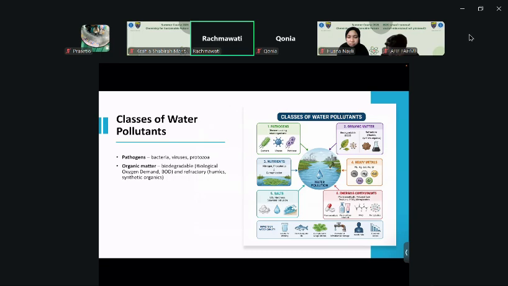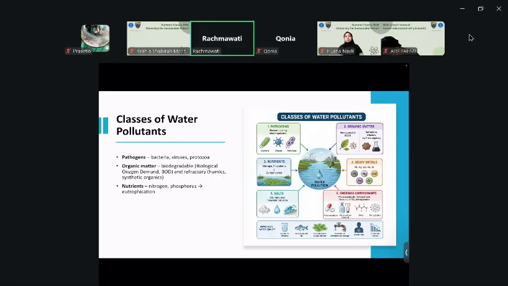And there is also organic matter. They can be biodegradable organic substances, which relate to the biological oxygen demand. And there are also refractory ones, like humic acid or synthetic organics. There are also nutrients, elements such as nitrogen and phosphorus, which can cause eutrophication.